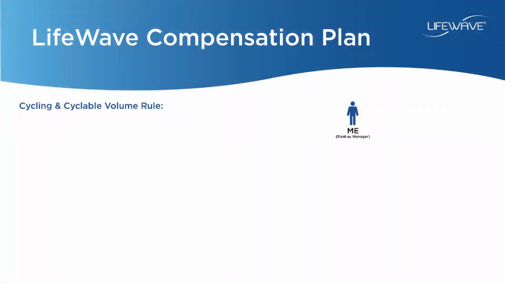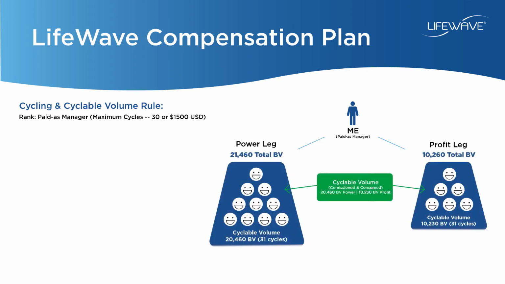In this example, you can learn a little bit more about how cycling works, how cyclable volume works in conjunction with that, and how carryover volume can help you to cycle future down the road. In this particular example, this member is a paid as manager, which means they can cycle up to a maximum of 30 times a week or $1,500. Now you can see they have enough cyclable volume here to cycle 31 times.